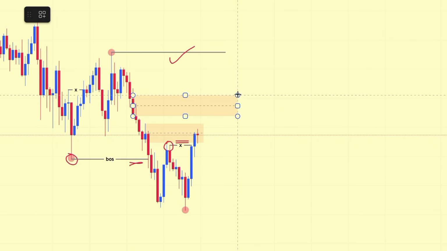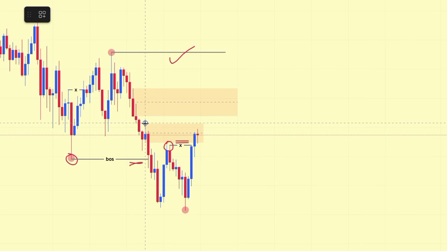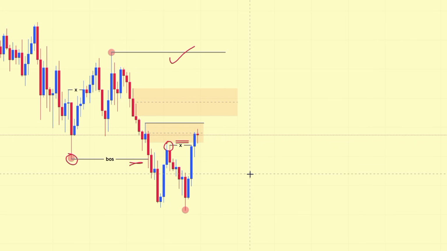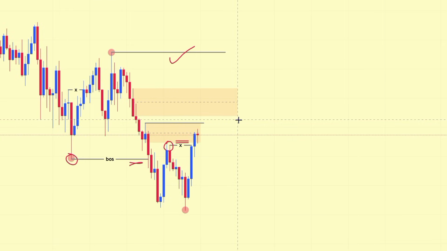So price will be reversing from any of these or the takeout of this core liquidity level exactly right there. Don't worry about these POIs and the core liquidity levels. We'll be talking about all of this in the next episodes of the series. But in today's episode, it's just about inducement.